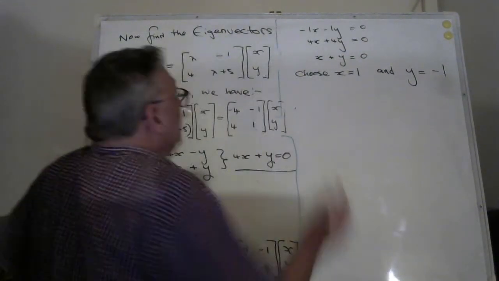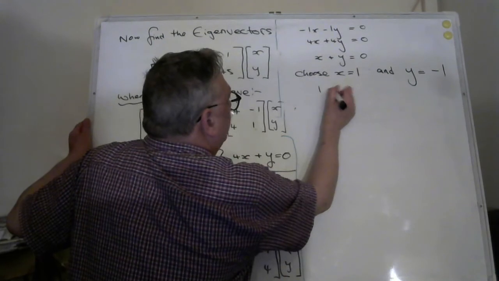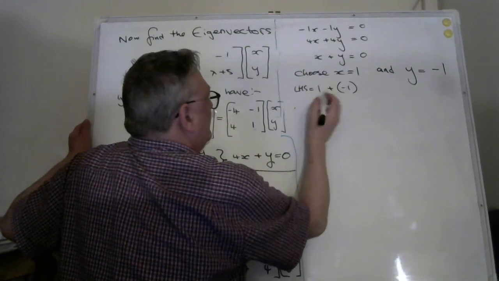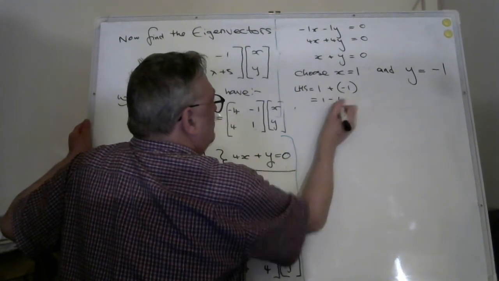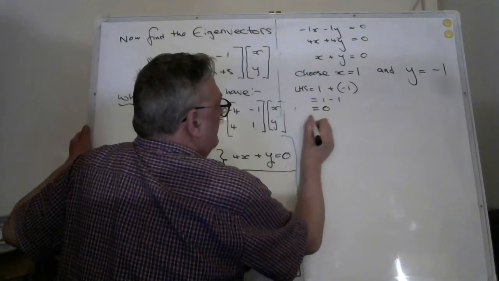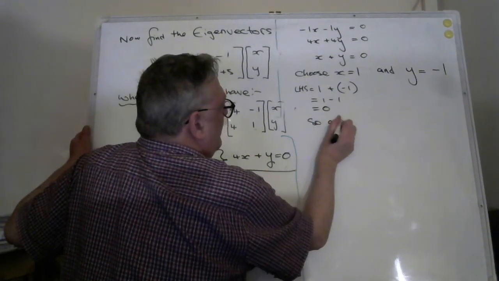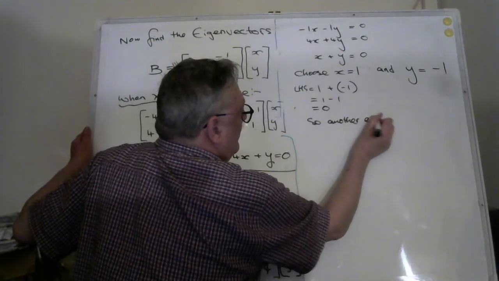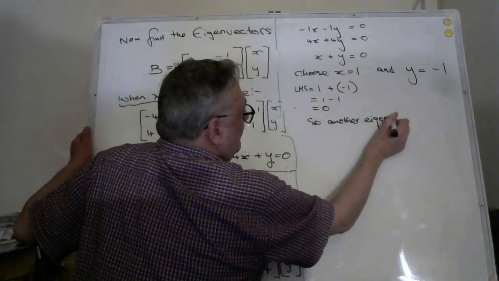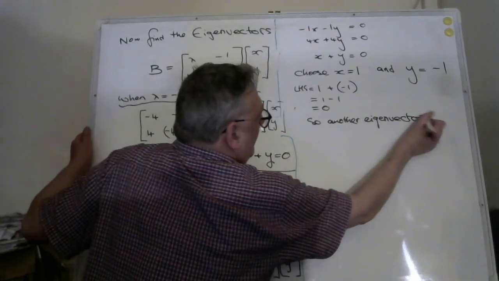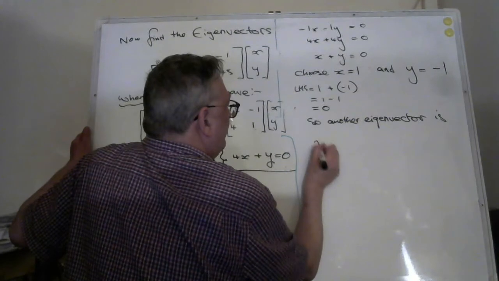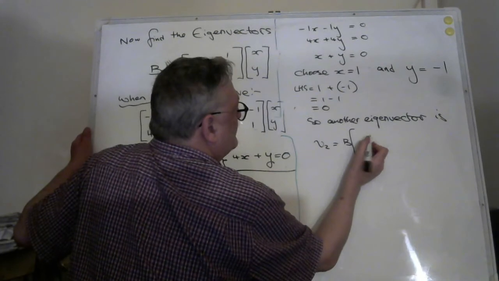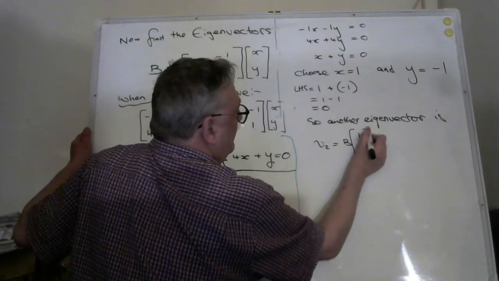And we'll check that it works. So we've got 1 plus a minus 1. So that's the left-hand side, and that is equal to 1 minus 1, which is 0. So another eigenvector is v2 equal to b times, in bracket, 1 and minus 1.